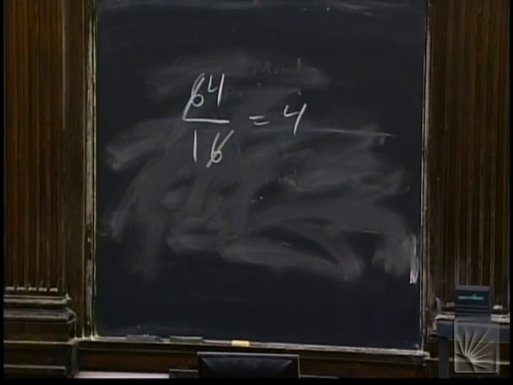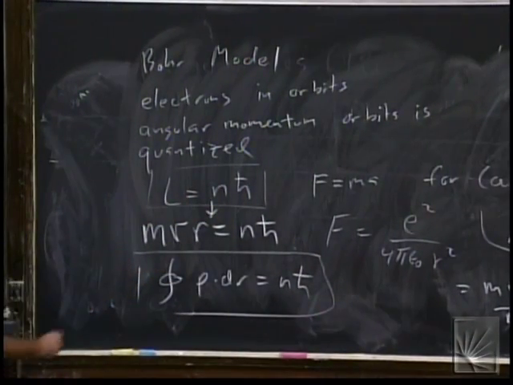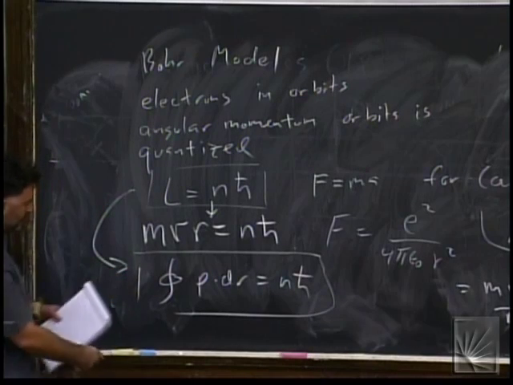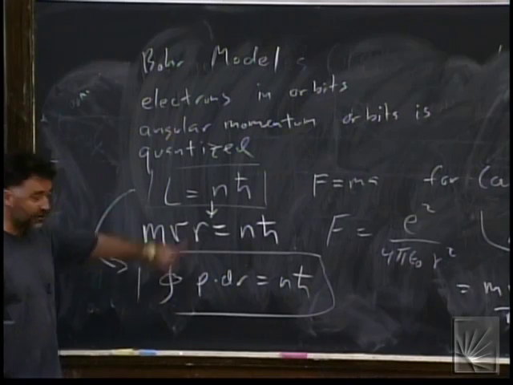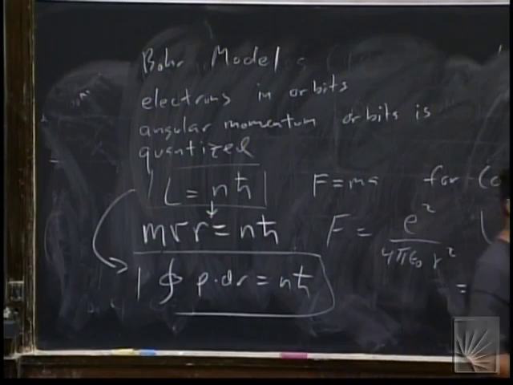But the basic ideas do survive. The quantization of the angular momentum survives as a new rule. And I don't know if you're going to ever get to this, but if you do the path integral of p dot dr around an orbit, it turns out that is quantized and that survives.